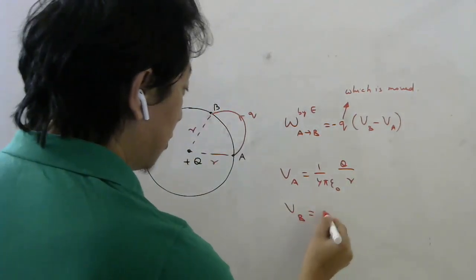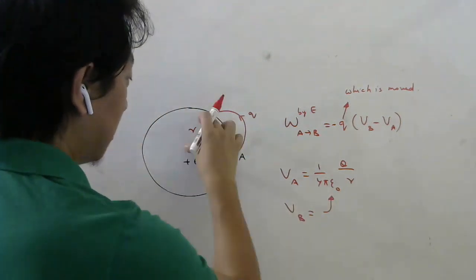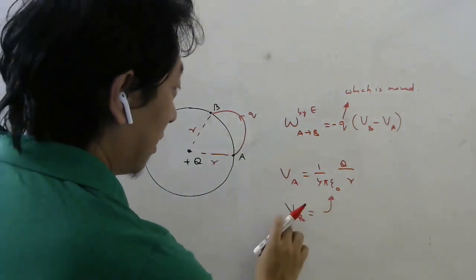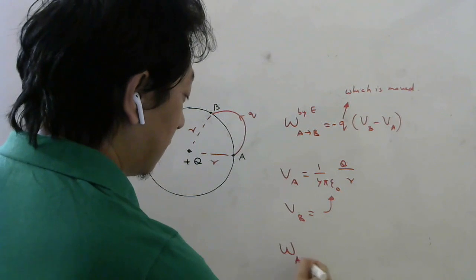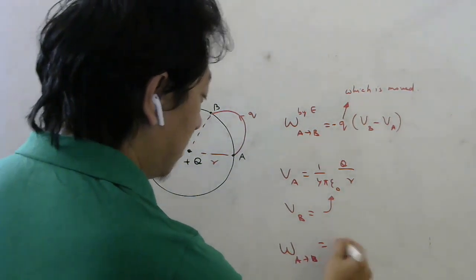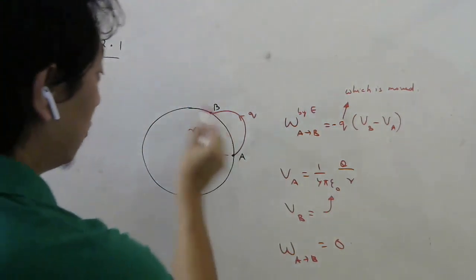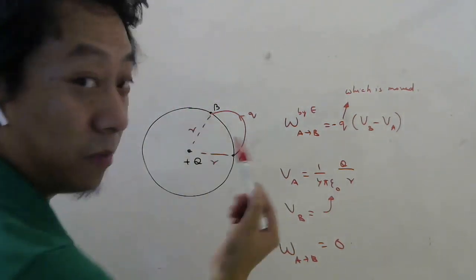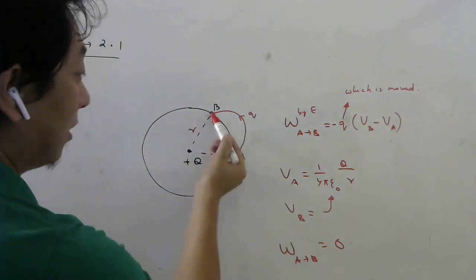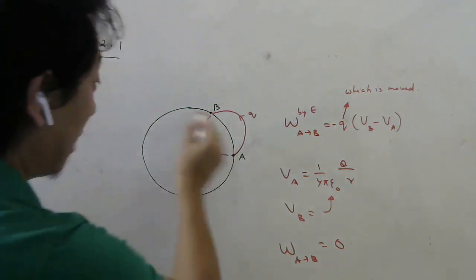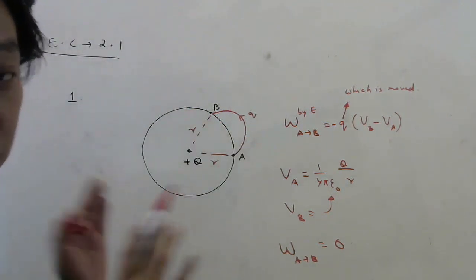Tell me students, it will be the same, because this Q is the same and this distance is the same. So if both are the same, what will be the work done? Work done from A to B will be 0, because you are moving on a circle, meaning the initial point and the final point lie on a circle. That is one way of understanding.